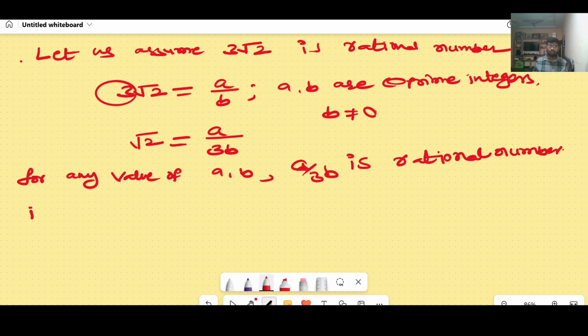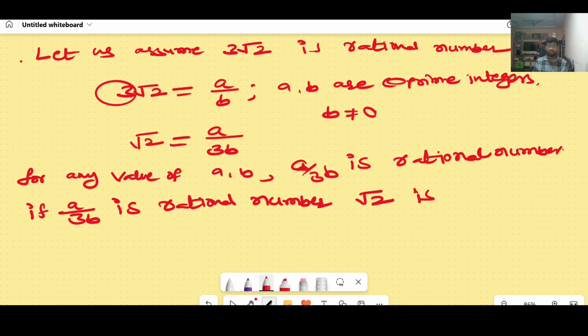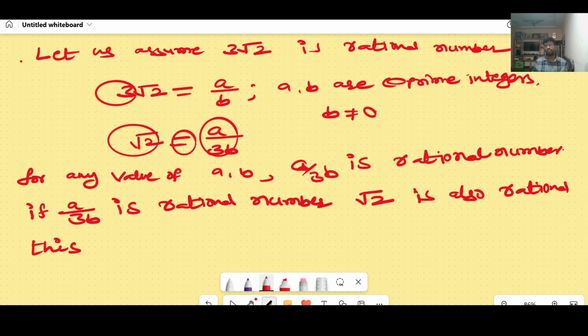If a by 3b is a rational number, root 2 is also rational. Why? Because the equal symbol is there between the two expressions, right? Root 2 is rational, but we already know root 2 is an irrational number.